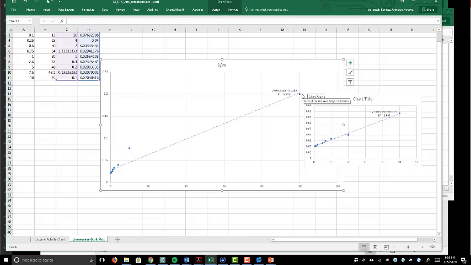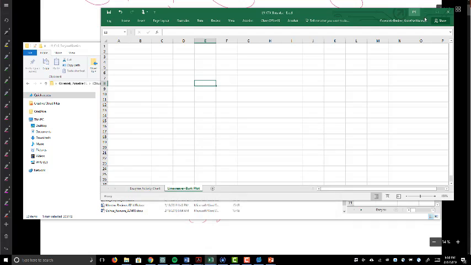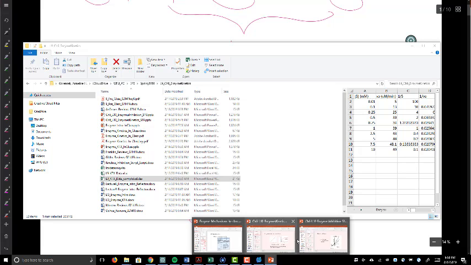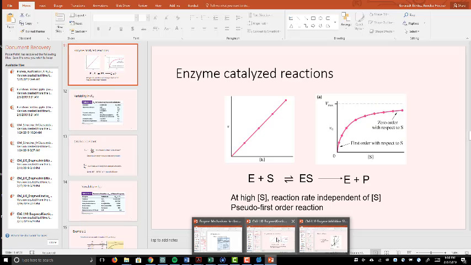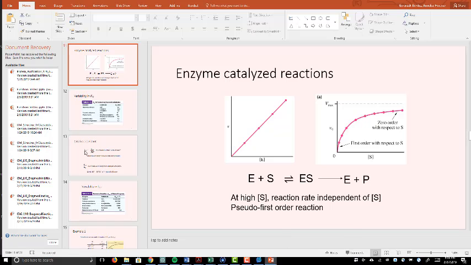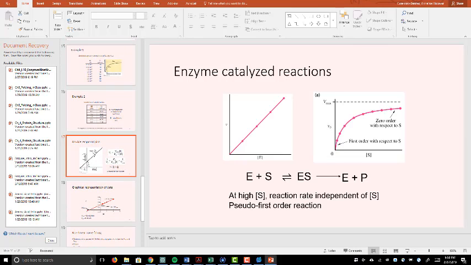And I want to be careful because I don't want to say too terribly much. Also, I know it's hard because you weren't in class. But what I will say is that it's a linear fit for the Lineweaver-Burk plot. And so the equation for the Lineweaver-Burk plot is linear.